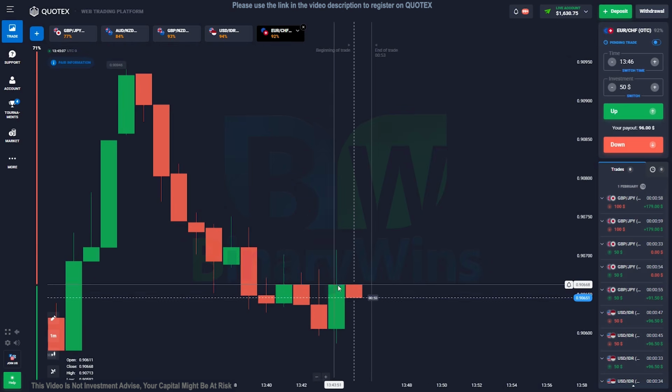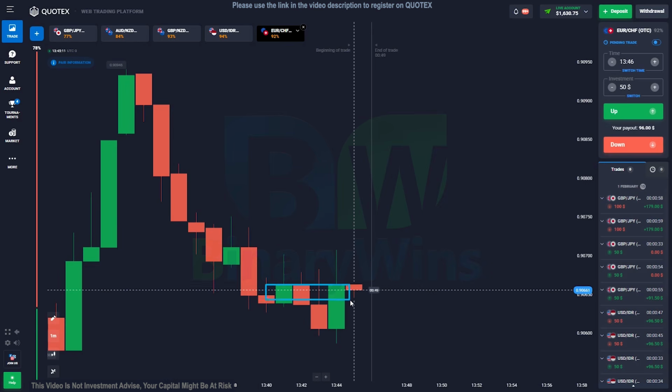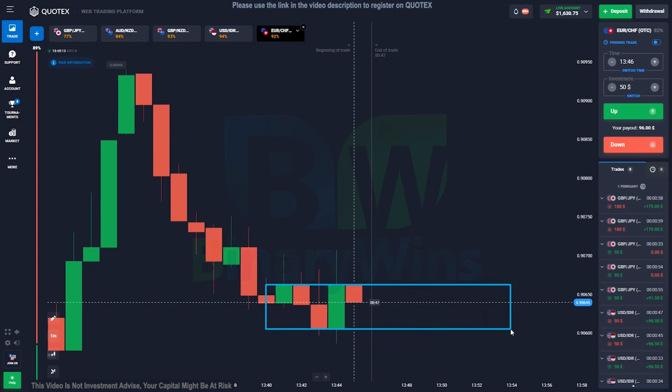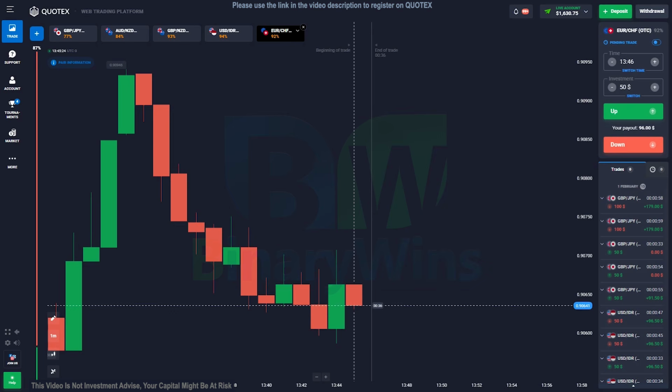As you can see, a consolidation area has formed, meaning the candles are moving between a support and resistance close to each other. We need to be careful.